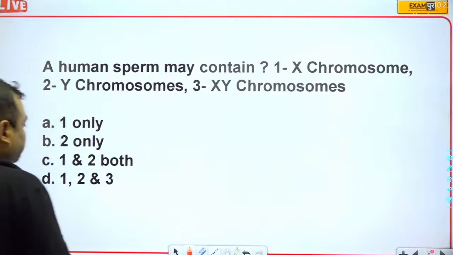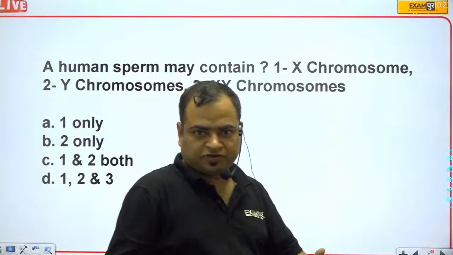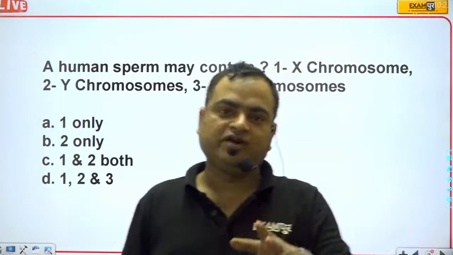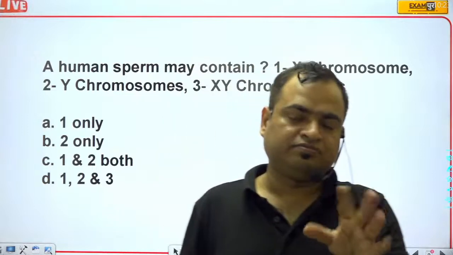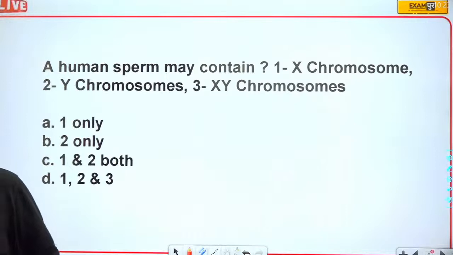Okay, so here you can see that actually in human sperm there are both kinds of chromosomes, X and Y. When X and Y match, then a male child is born.